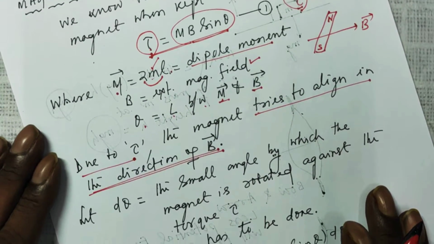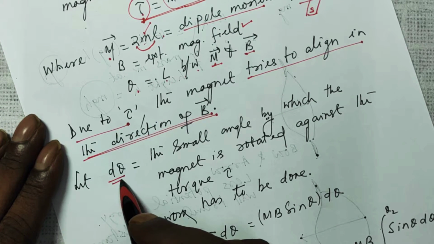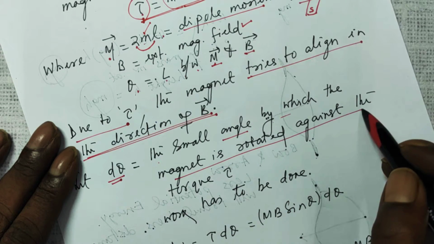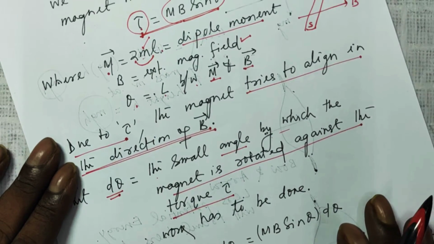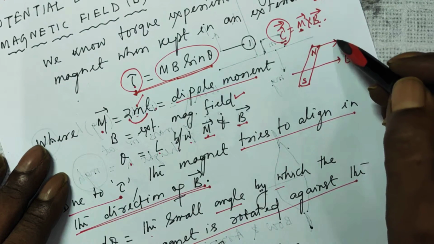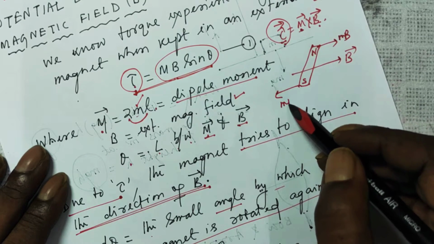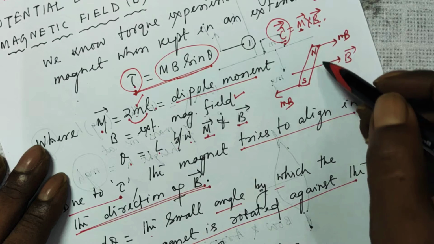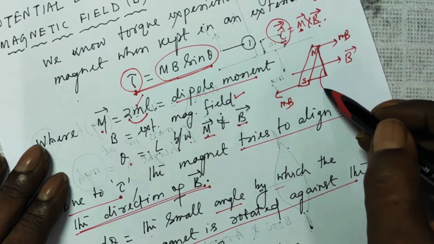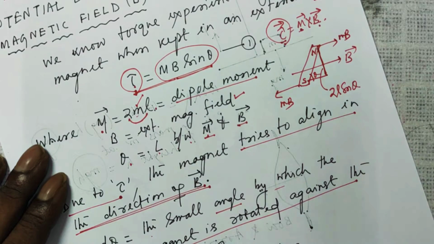So, let d theta be the small angle by which the magnet is rotated against the torque. Due to the torque, the magnet experiences a force to this side, mB, and a force to this side, which I explained in the previous video, and the perpendicular distance between these points was 2l sine theta, because this was theta which we derived.